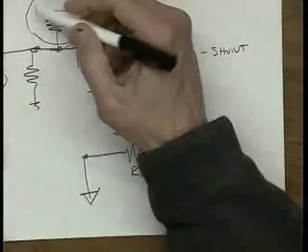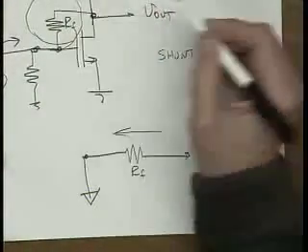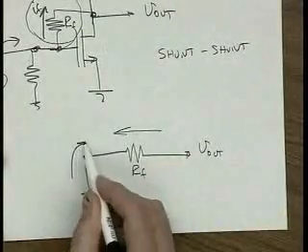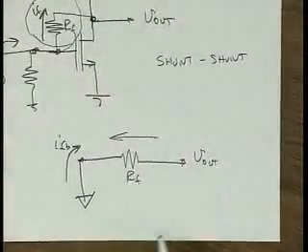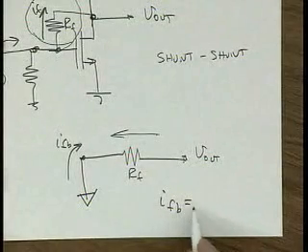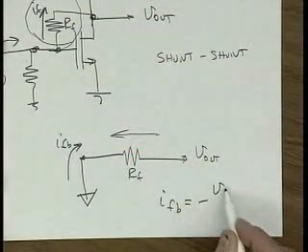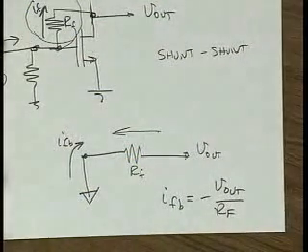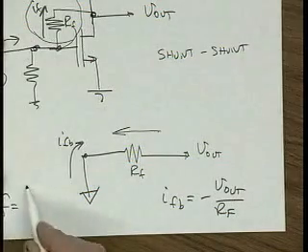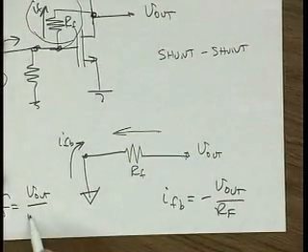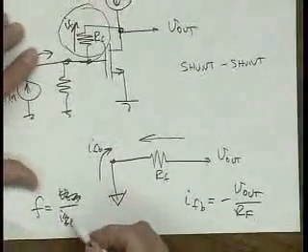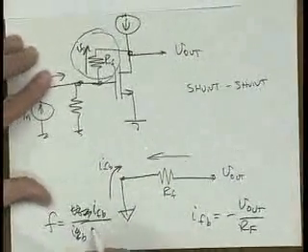Right? So here I_in is going in like this. This is I feedback in this direction. So I need to calculate I feedback in this direction. So I feedback is going to be equal to what? Minus V out over RF. So F is equal to I feedback over V out.